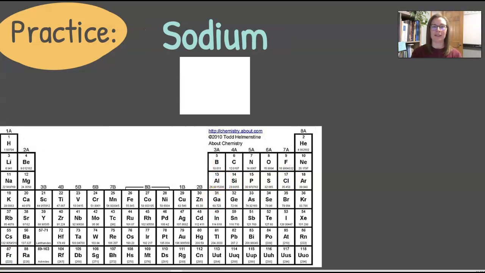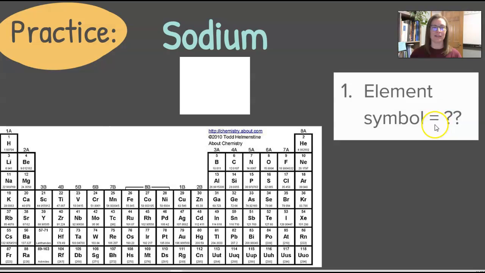Next let's do sodium. Sodium has the element symbol Na, which actually stands for, I believe, natrium. That was one of its old names. And so we have the element symbol Na. Then we're interested in knowing the group number.